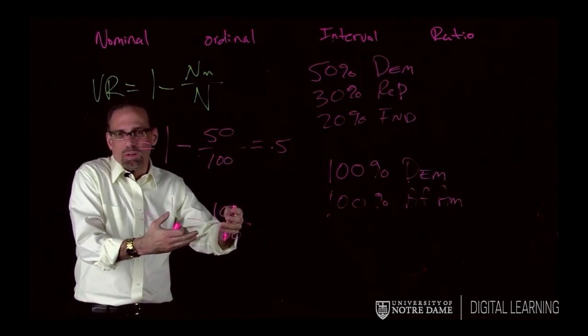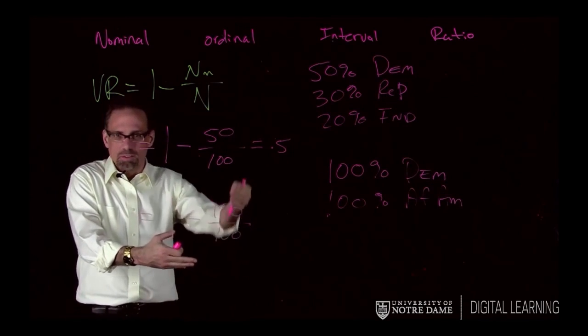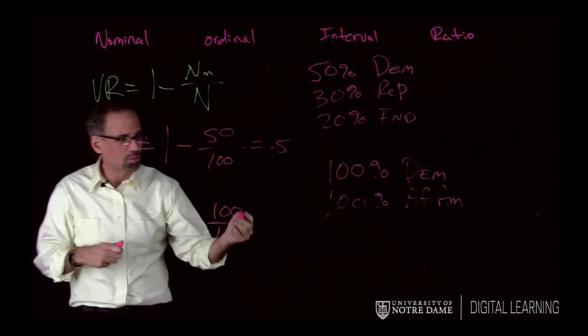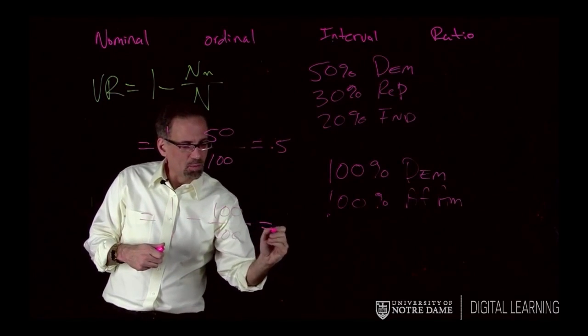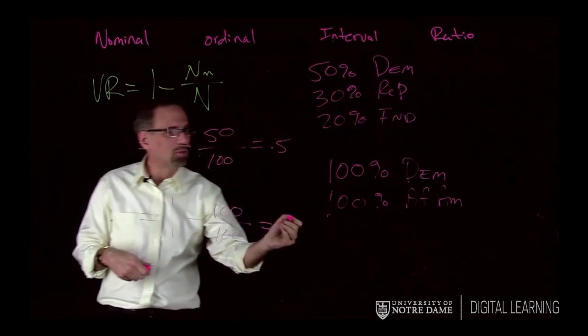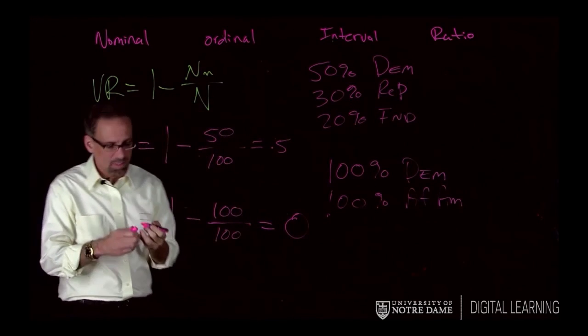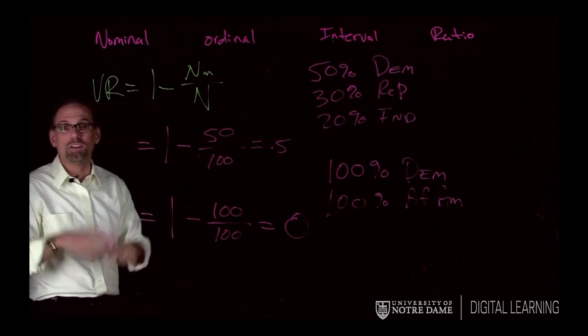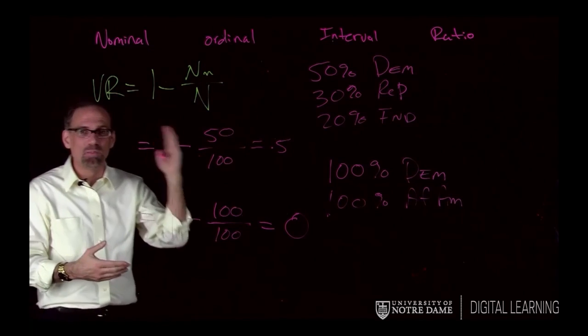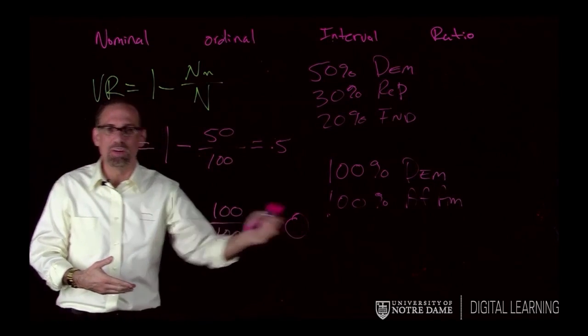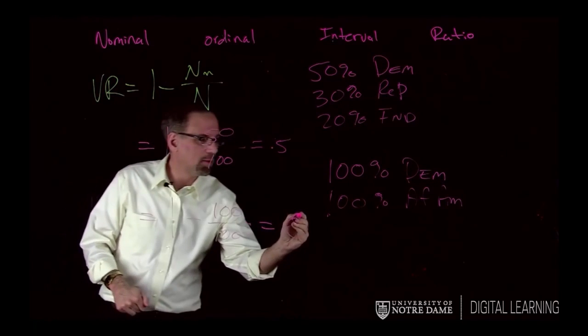If there were 4,000 voters in the precinct, it'd still be 4,000 over 4,000, so it works out exactly the same. And that equals 1 minus 1, which equals 0, right? And we said, when it's completely concentrated in one category, there's no variation, and therefore the variation ratio should be 0, and that's what we came up with, okay?